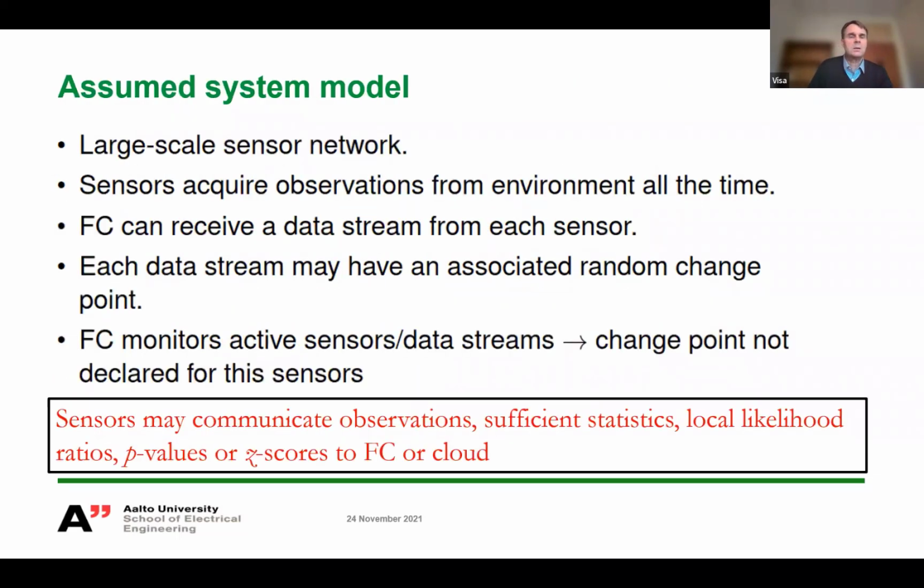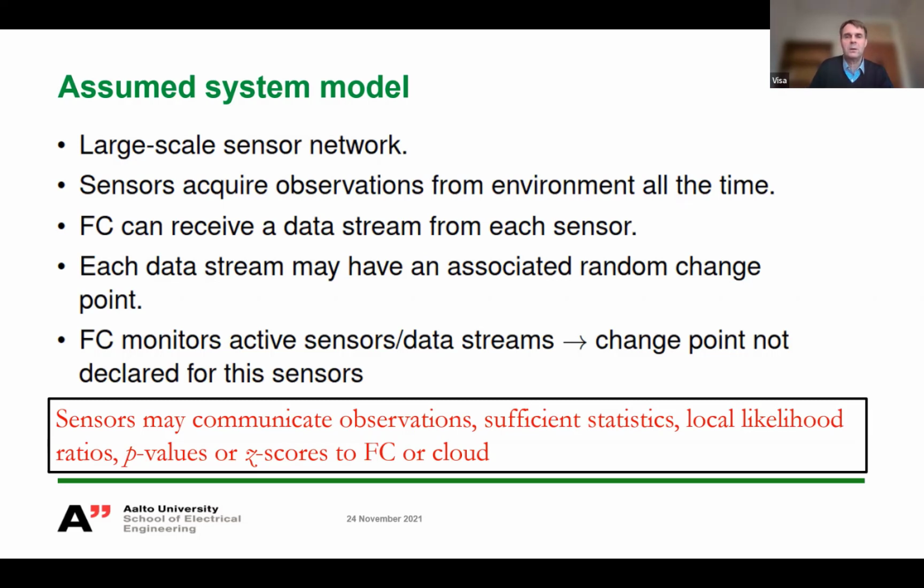So anyway, regarding this system model, as I mentioned already, we are considering large-scale sensor networks, and the sensors observe their environment all the time. The fusion center could receive data from each sensor, but it wants to control the amount of data, and therefore the fusion center will select the sensors to be monitored. In each data stream, a random change point is associated.